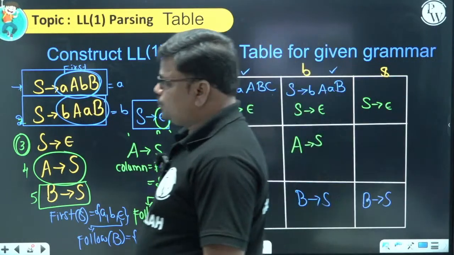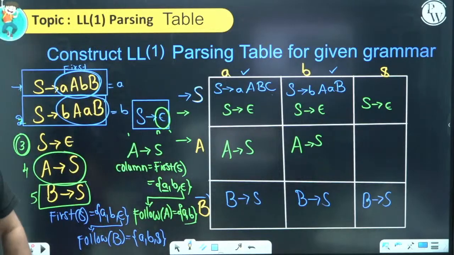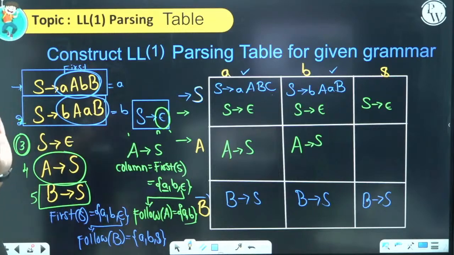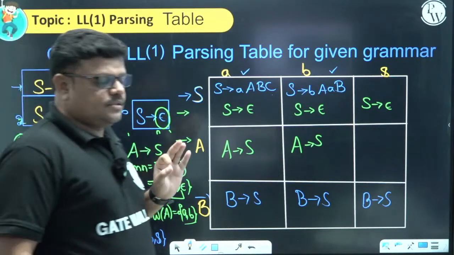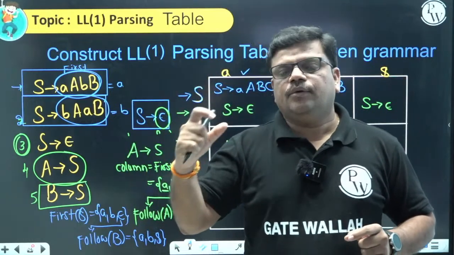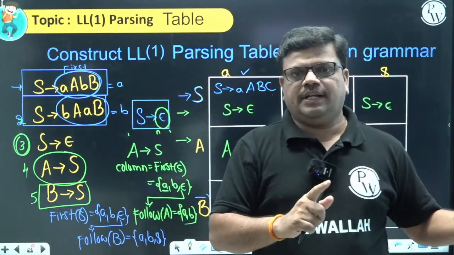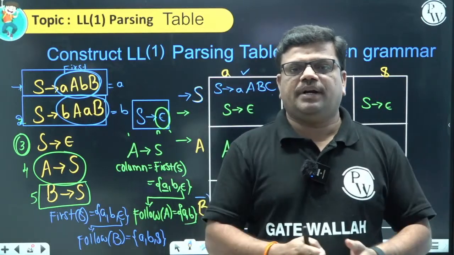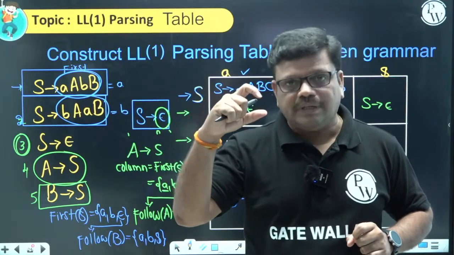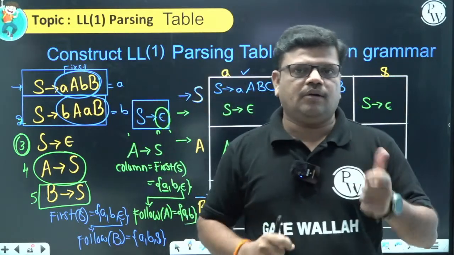Okay, so this is the LL1 parsing table corresponding to the given grammar productions. Deciding the columns and rows is very simple. Whenever a production is there, we have to place it in the table. A table is nothing but a matrix format, a combination of rows and columns. So for every production, you have to decide what is the row and what is the column.